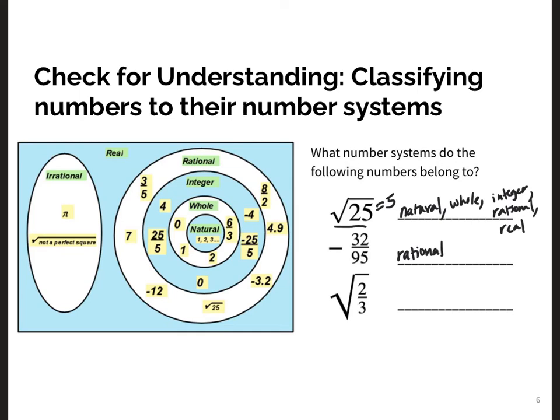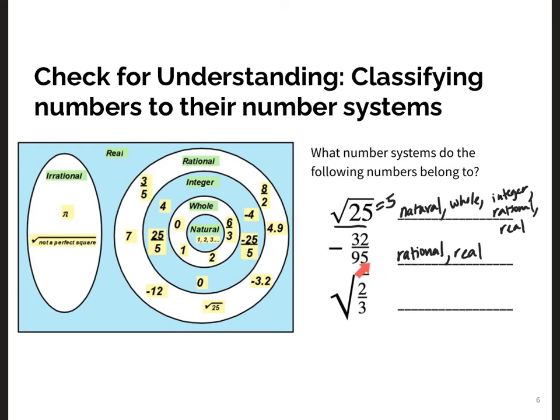And I know that it can't be an integer, whole number, or natural number, because when I put it into my calculator, I end up getting a decimal, not a number without a decimal, which you would need in order to be an integer, whole number, or natural number. So rational is the smallest group that it's going to be a part of. Now all I have to do is read up, and I see that my next biggest circle is real. So it's a rational and a real number.